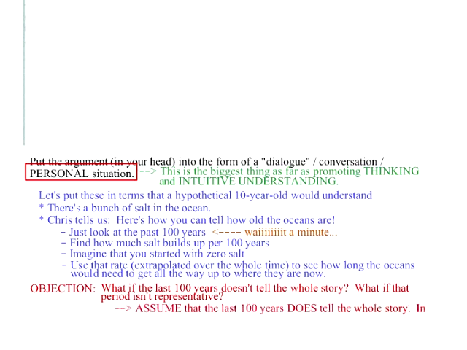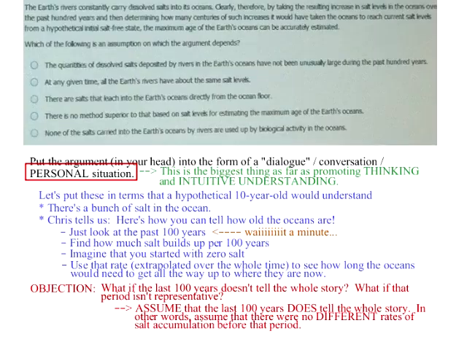In other words, you have to assume that there were no wildly different rates of salt accumulation before that period. We have to assume that 100 years is enough time to tell us the whole story. So that is A. That's the choice that we want.